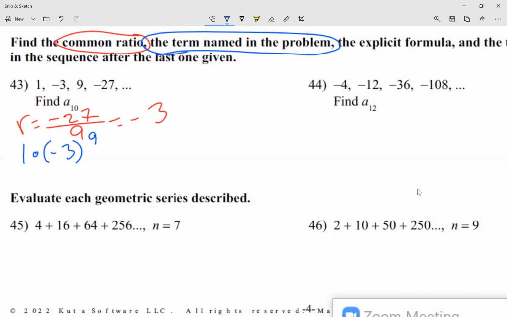I'm always going to do one less because we start multiplying starting on the second number. So I have to do negative 3 to the 9th, negative 3 nine times. That is negative 19,683 times the number at the beginning, which is a 1. This gives me negative 19,683.